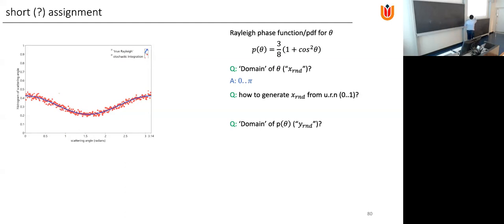The question is, how do I generate uniform numbers on this axis? So I have 0s to 1s, and I want them to be uniform between 0 and pi. Then the second question is, what is the domain of p theta? So what is the range that the y values can take?